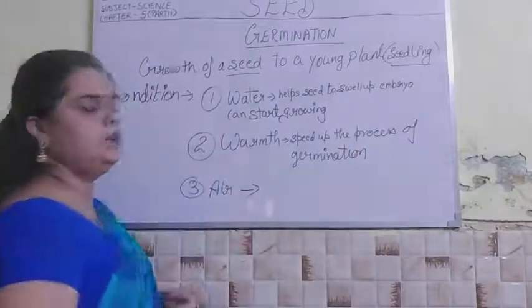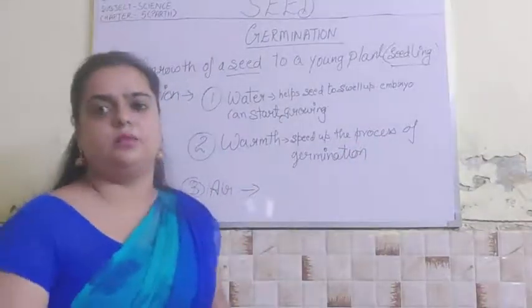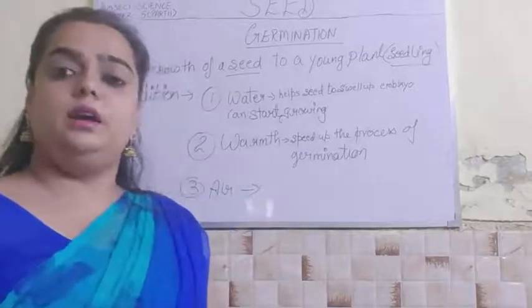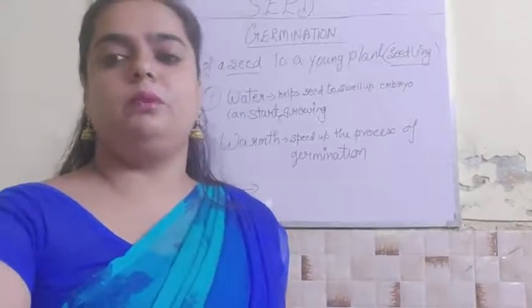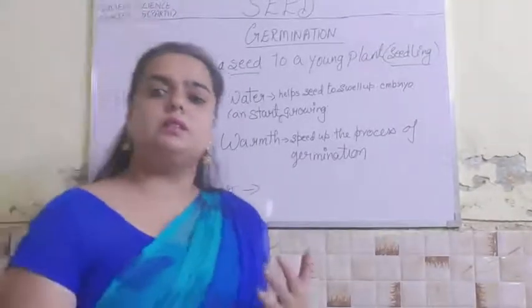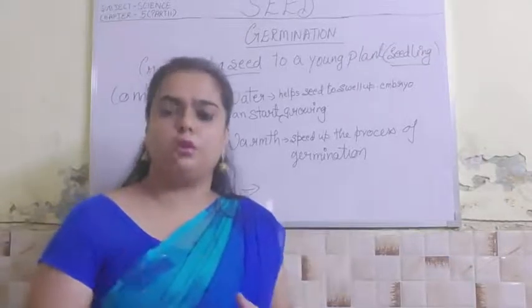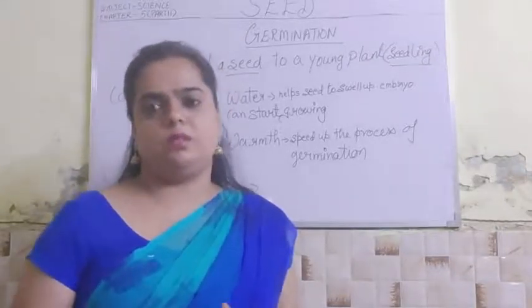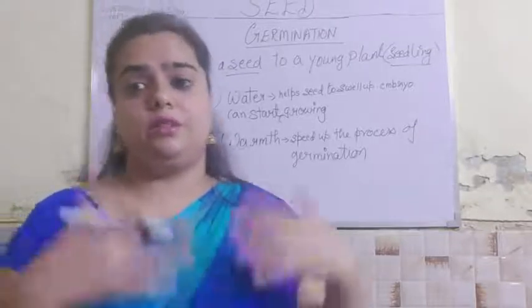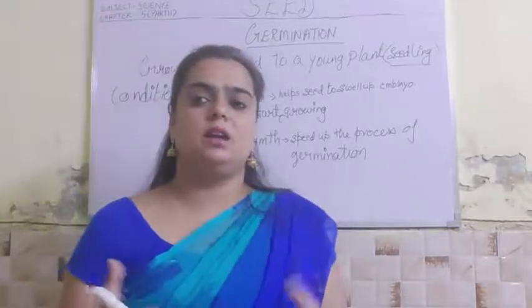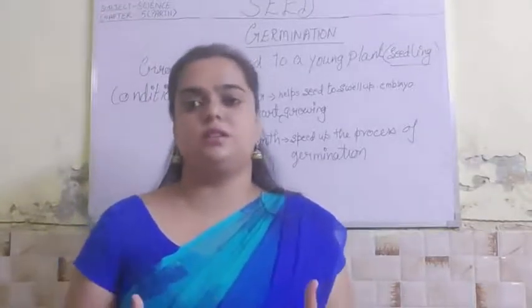Okay, and then the third one is air. Air, or mainly oxygen, releases energy for the embryo to germinate. See, to develop into a new plant, a seed requires a lot of energy, right?